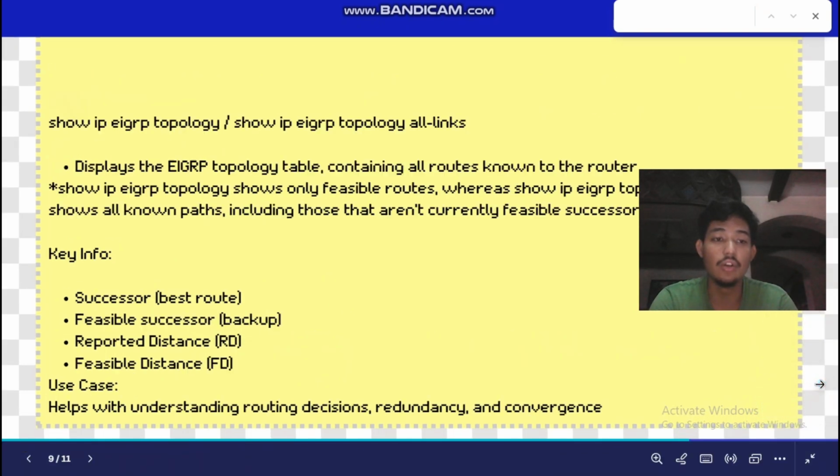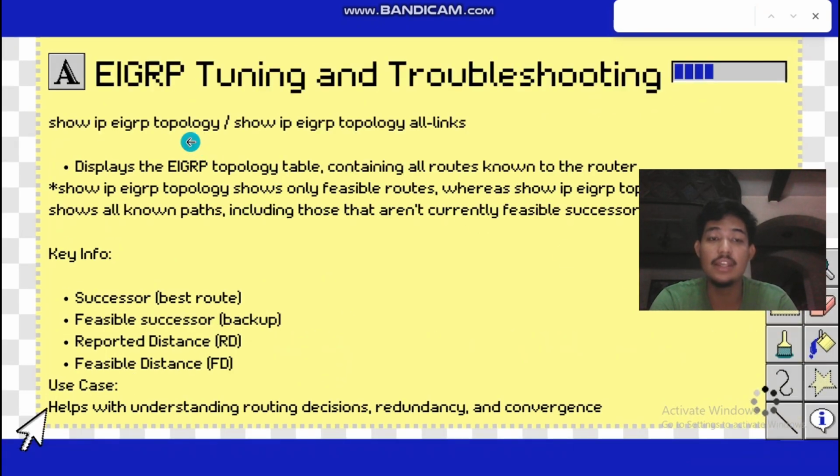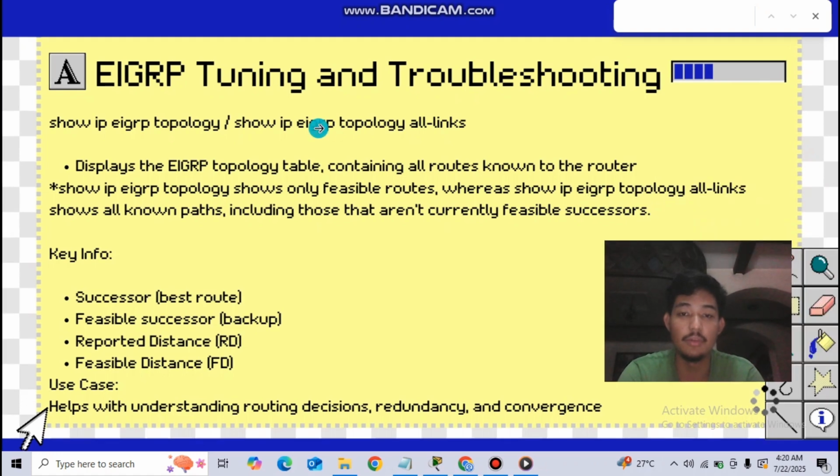Then we also have show ip eigrp topology and show ip eigrp topology all-links. Basically, this displays the EIGRP topology table.